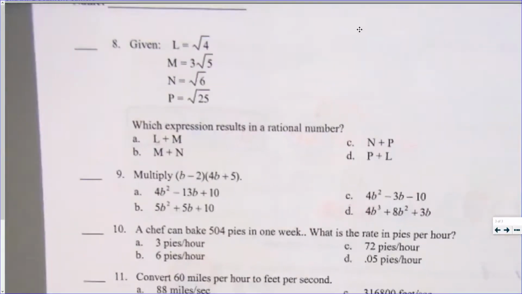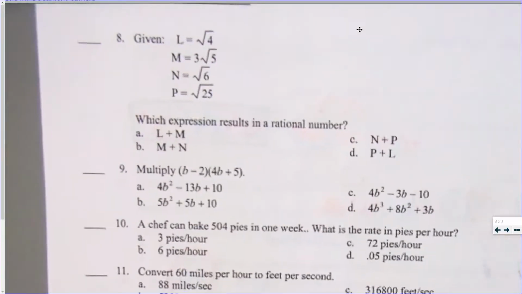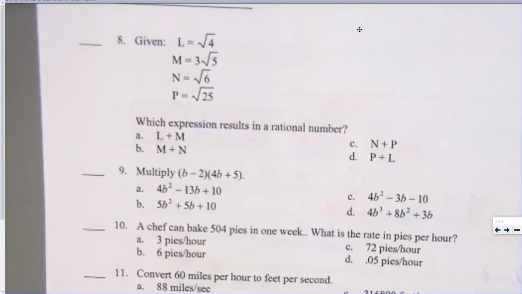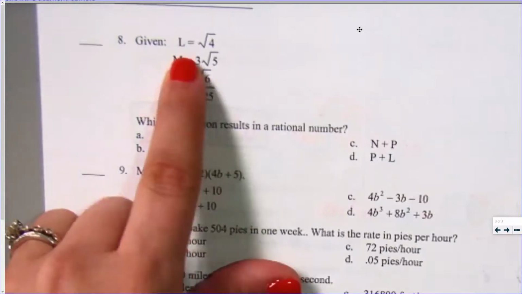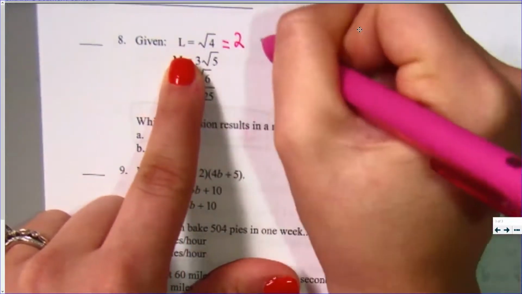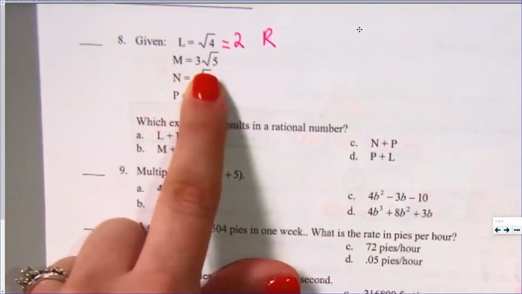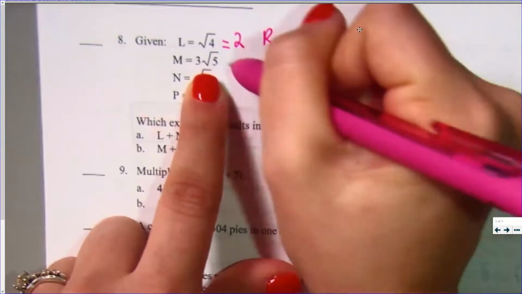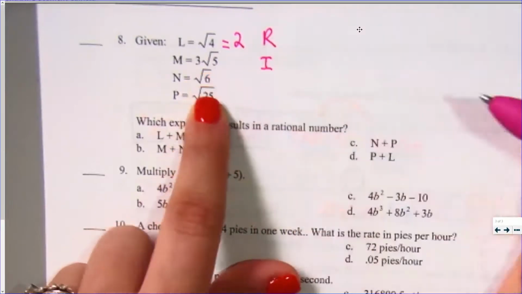So which one of these results in a rational number? So we have to think about if each one of these are rational or irrational. The square root of 4 is a perfect square, so that's going to be 2. 2 is rational. I can't simplify 3 square root 5 anymore, so that's going to be irrational.